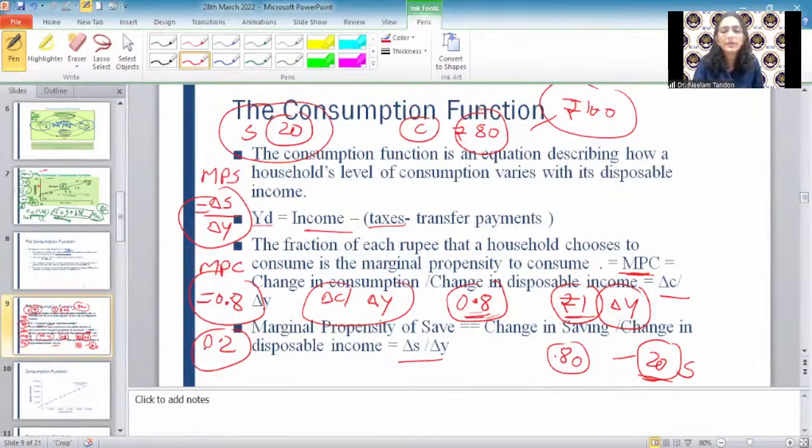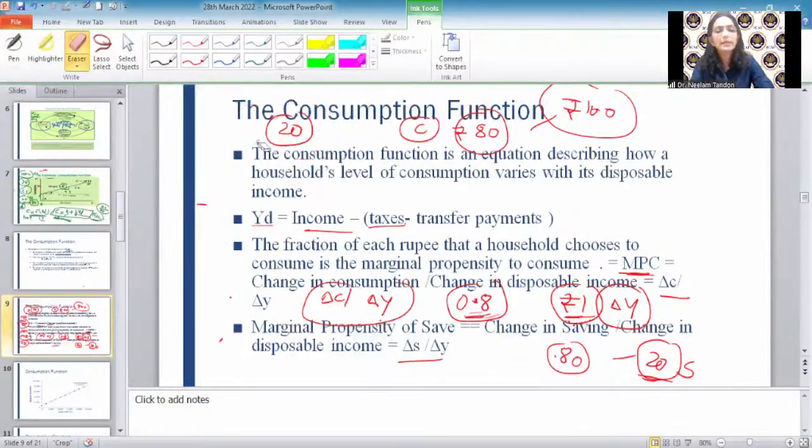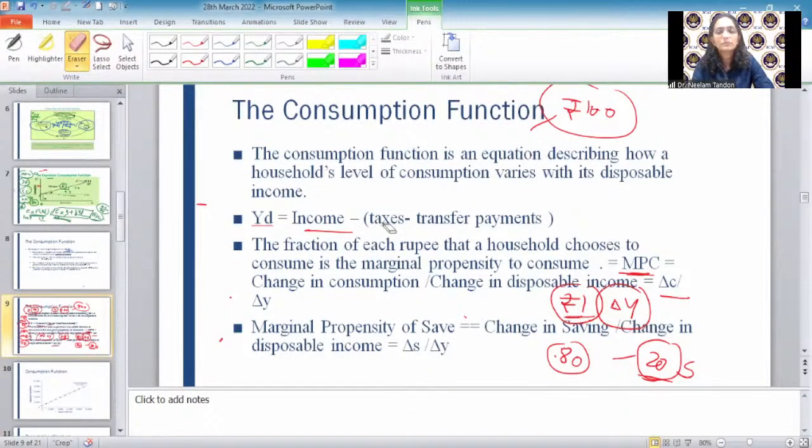What can be the other way to calculate this? So what are we saying about MPC and MPS? MPC plus MPS is equal to 1.